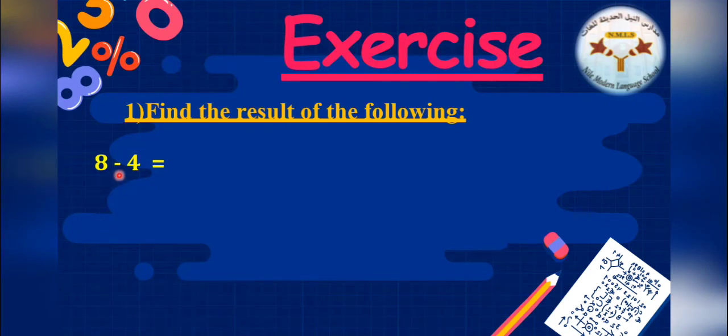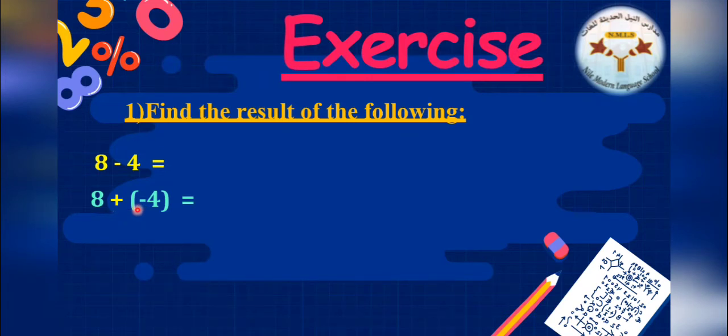So here it is 8 plus 4, which is positive. I will change it into negative. Now it is 8 plus negative 4. Different signs, find the difference. 8 minus 4 is 4, and the sign will be positive because 8 is greater than 4.